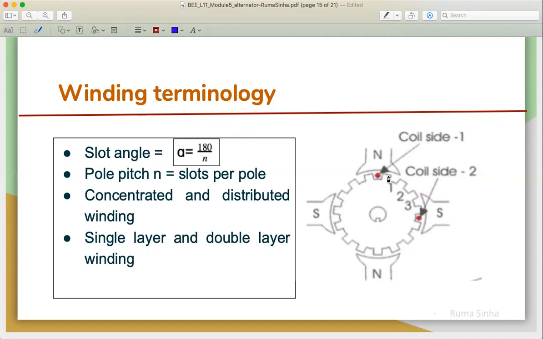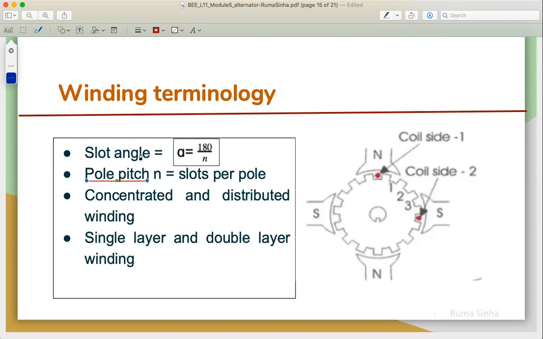So total number of slots divided by number of poles gives us slots per pole, and that is how pole pitch is expressed. Pole pitch is nothing but the distance between one pole to another pole, expressed as number of slots per pole. So total number of slots divided by number of poles.